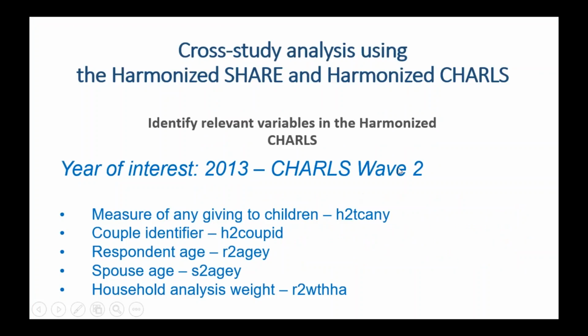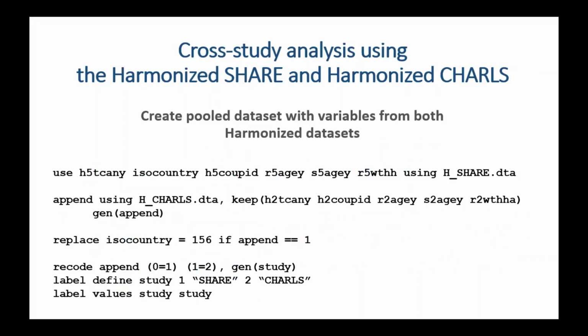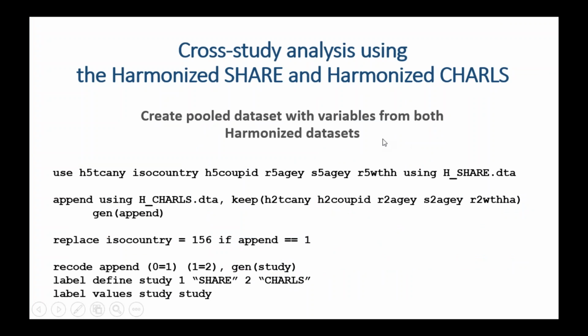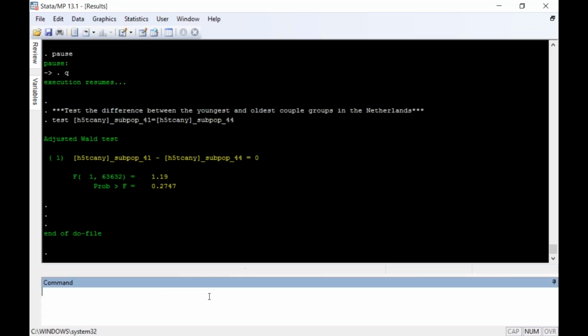All right, so if we've found these variables, and again we could do that using the concordance tool on the Gateway to Global Aging Data or using the Harmonized CHARLS codebook, we're going to then create a pooled data set with variables from both harmonized data sets. If you're following along with data on your own, this would be that second handout, part 2. So I'm going to open that up myself here.